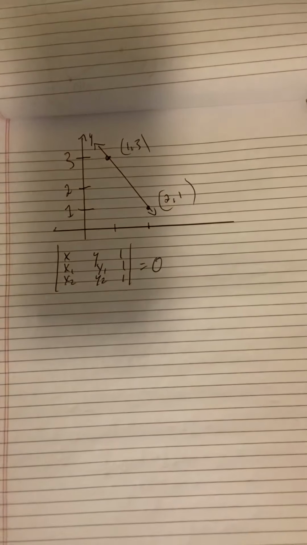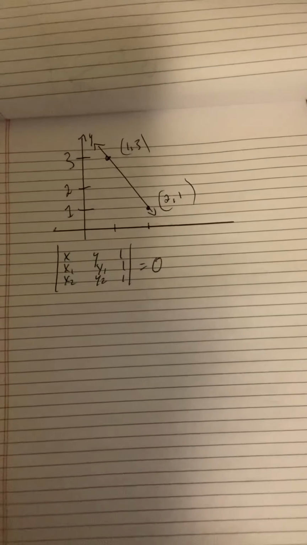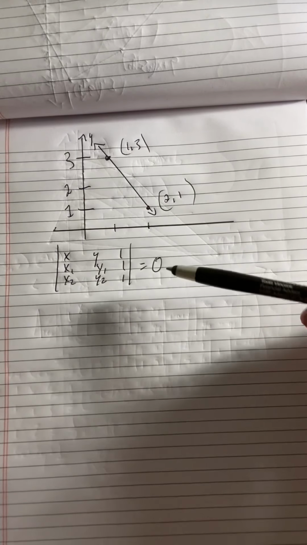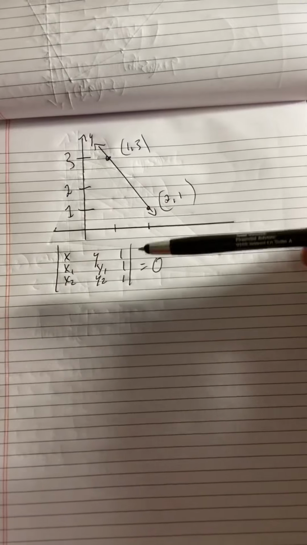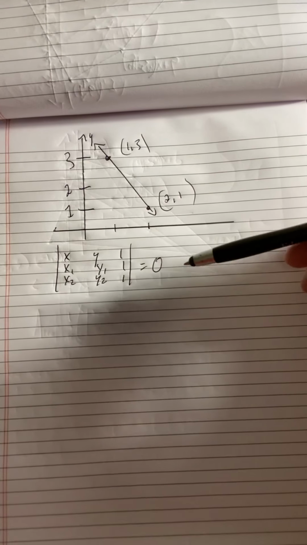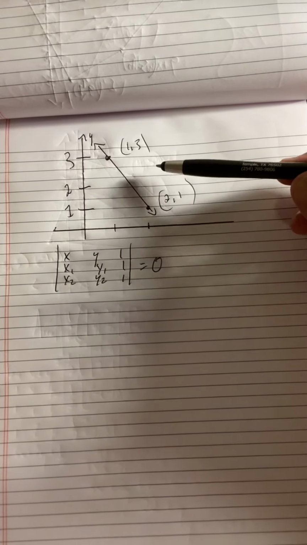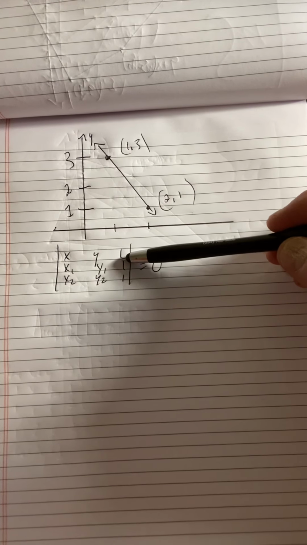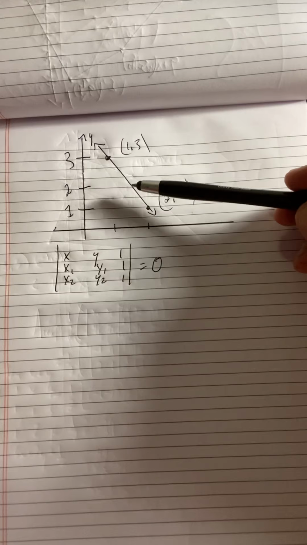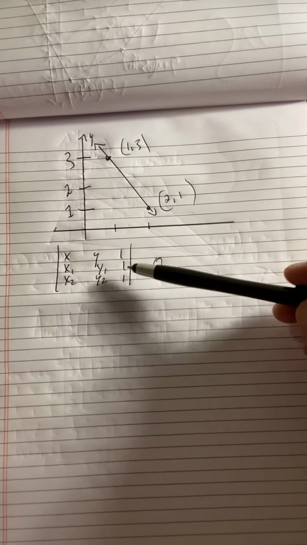Another cool application is finding the equation of polynomials. Well, I'm going to do the simplest case, and we won't have to do anything more difficult than this. For a linear polynomial, you'll just need a 3 by 3. For a quadratic, well, this is going to get larger.